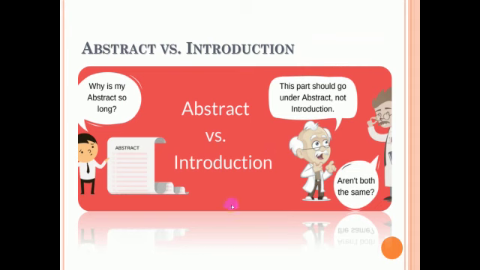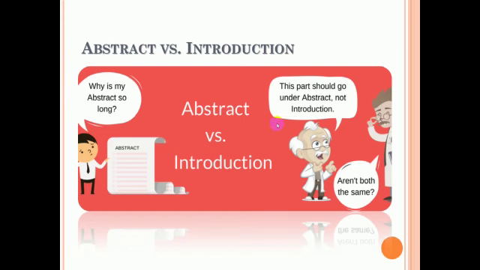It is something like a very small chat between the professor and his student. Most of the students ask the same question: why is my abstract so long? Aren't both the same, abstract and introduction? Is it necessary to write an abstract in addition to an introduction if I have already written one of them?